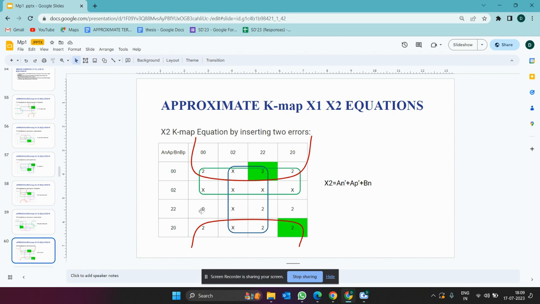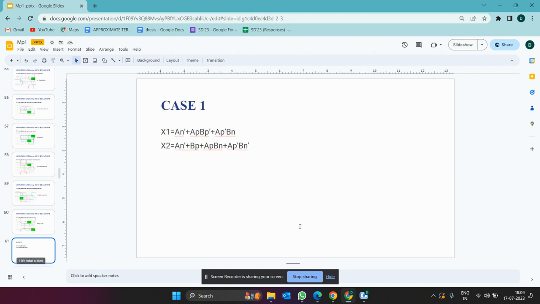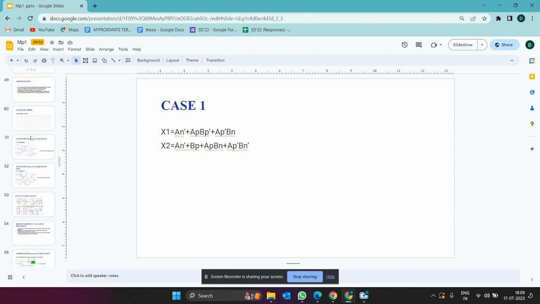This is also another case where we have inserted two errors. We have taken the first case as the first two. So we have considered the seven cases.